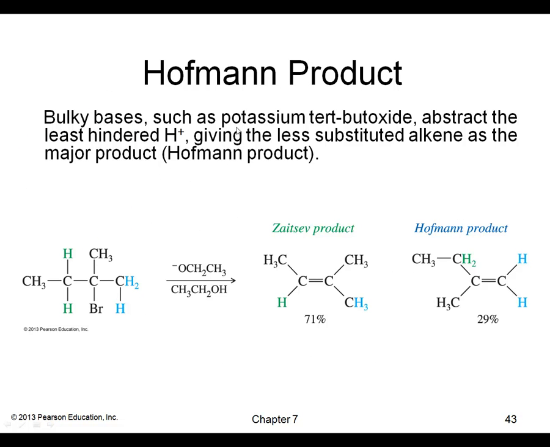Sometimes we can get what's called the Hofmann product, where the Hofmann product is another way of stating the non-Zaitsev product. And that's again if we're using a bulky base. Note here they are not using a bulky base, and so the Zaitsev product is the major product.